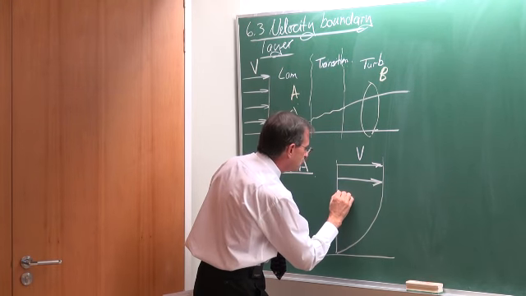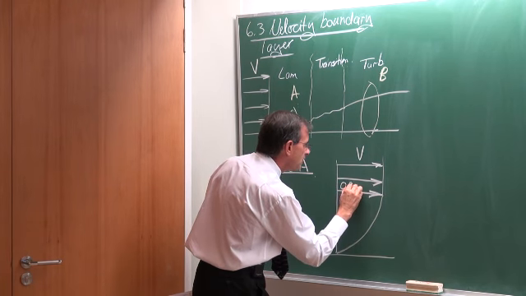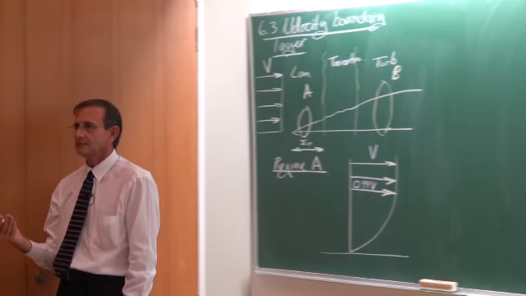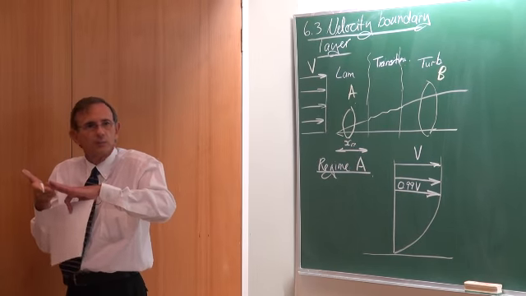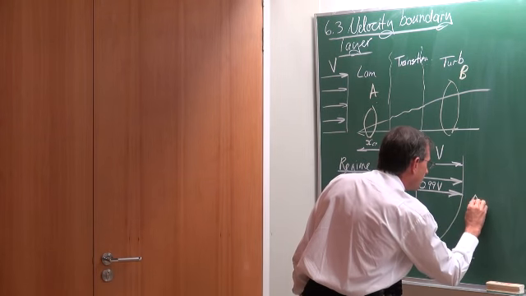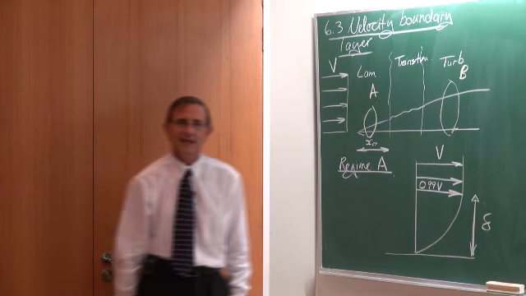Okay, up to a point where that velocity is equal to 0.99 v, which is 99%. Okay, so it means there's a 1% change in velocity. Now the moment we get there, that distance is known as the boundary layer thickness, delta.